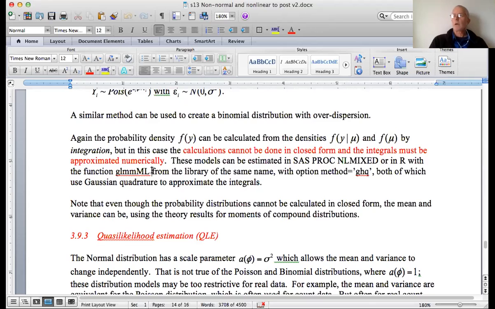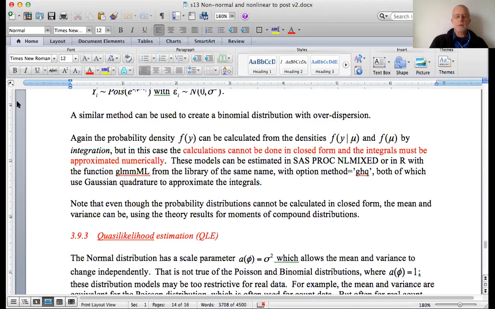Yeah, you don't want to do that. Let me think about that for a second. I think maybe since I wrote these notes, there's a newer R function. I think it's in the LME4 package, and I believe it's called NLME, nonlinear mixed effects. And I believe that one will do it. Okay.